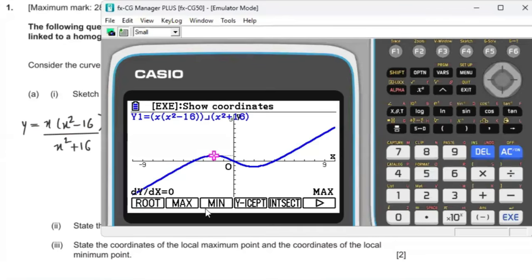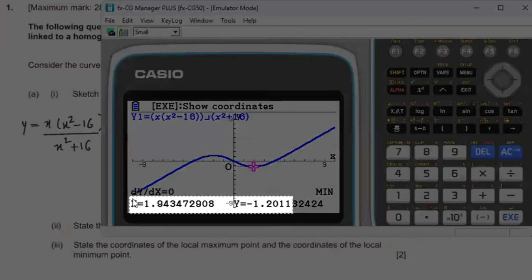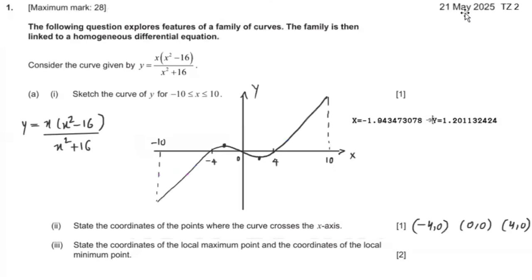I can check the local minimum as well. Go to G-Solve and minimum. So that's this one. Let's just copy it here. And I need to write my coordinates. So negative 1.94. You can write all the values, or you can give your final answer to 3 significant figures.